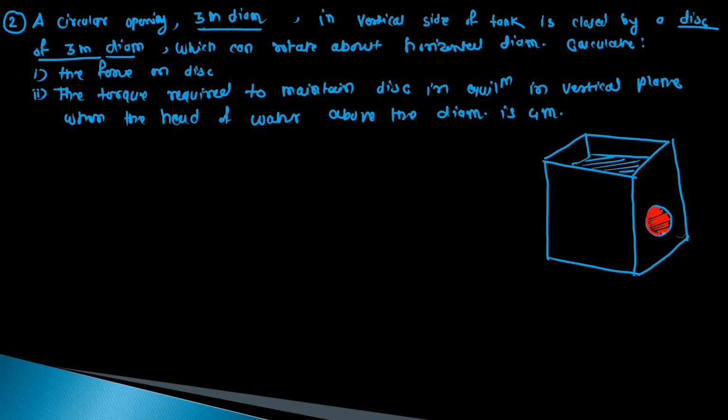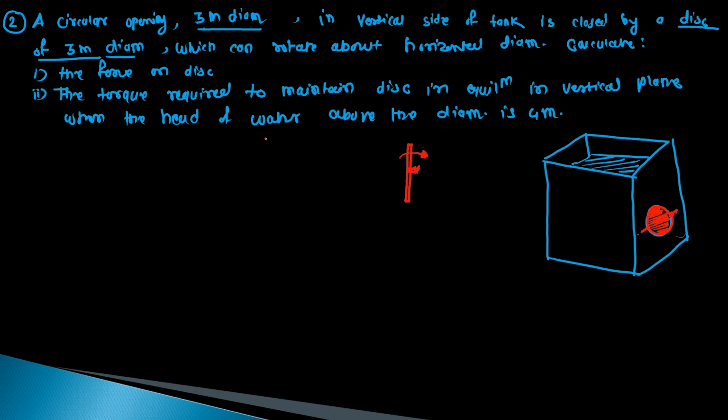So this is the disc. This disc is free to rotate about its horizontal diameter. So this is the horizontal diameter. That means the disc must be hinged at these 2 points. So I will draw the side view of the disc. The disc is hinged at this point so that it can rotate like this.